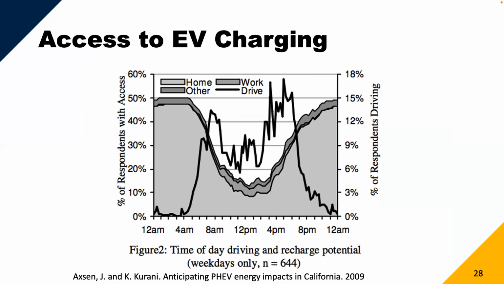But we can think about when people are driving, which is this black line, and then when people are in other places and where the access would be. And so this denotes why you can see so much of it is at home. This lighter gray area, we can think of it as cars sitting at home.